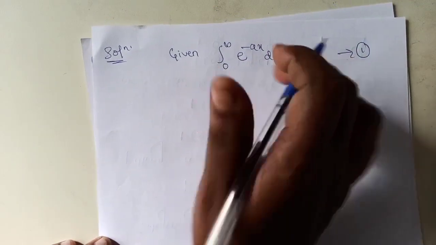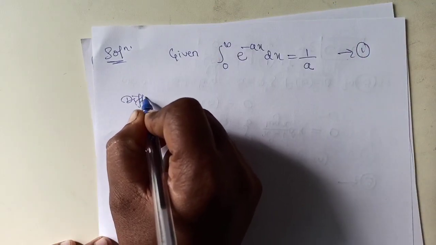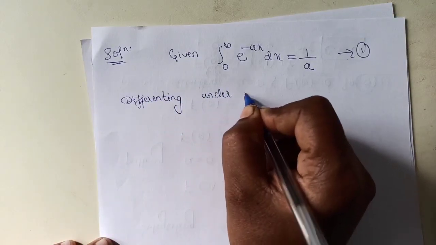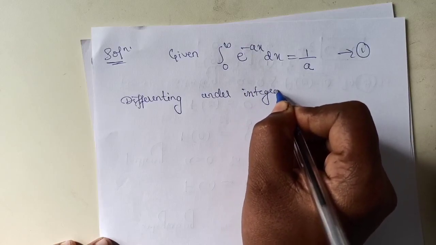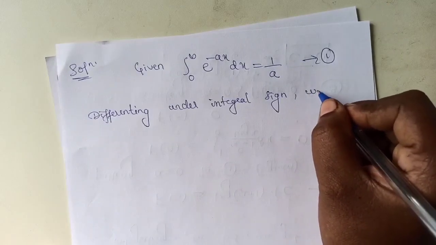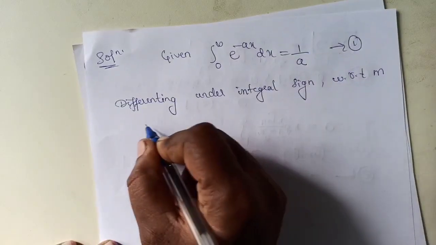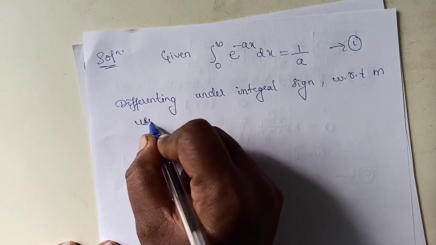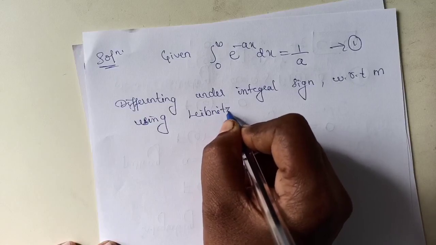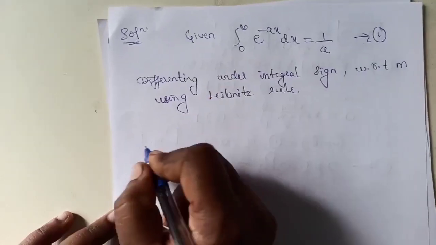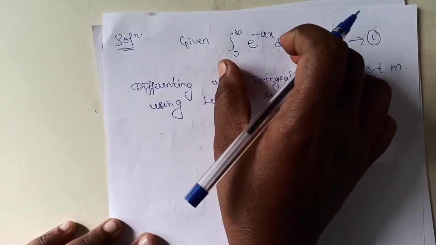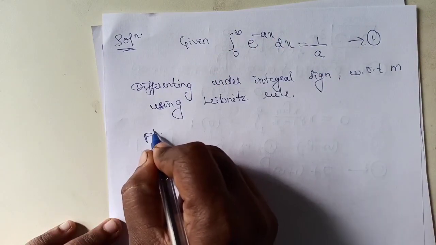So differentiating under the integral sign with respect to a, using Leibniz rule, we get f dash of a.